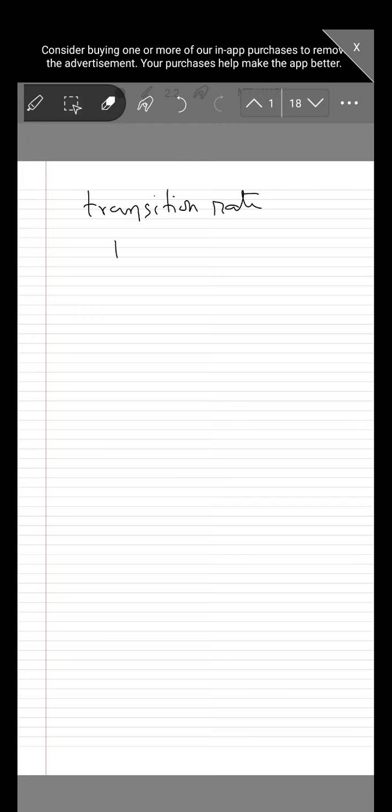There is an occupied state psi k, and there is an unoccupied state psi k dash. And we are using time-dependent perturbation theory as told earlier.